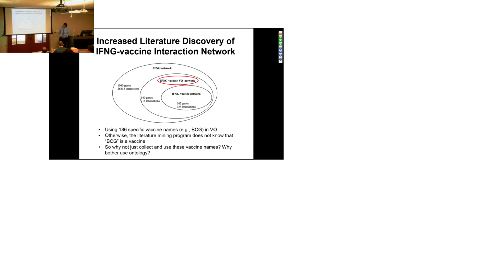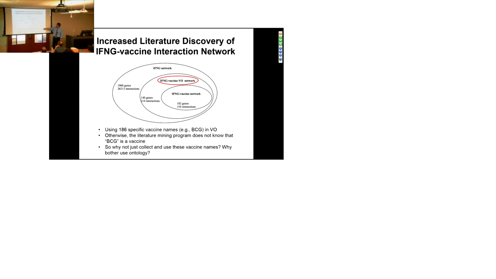This one is to show we can use the ontology to support the analysis of the interferon gamma vaccine interaction network. For example, you have a sentence which is talking about BCG, but there's no sign of any vaccine in the sentence. The program doesn't know it's a vaccine-associated sentence.